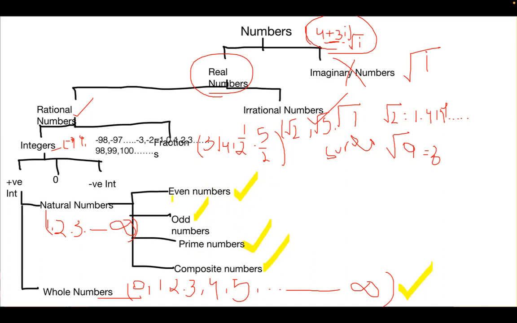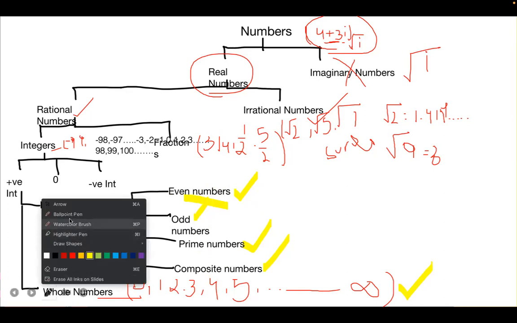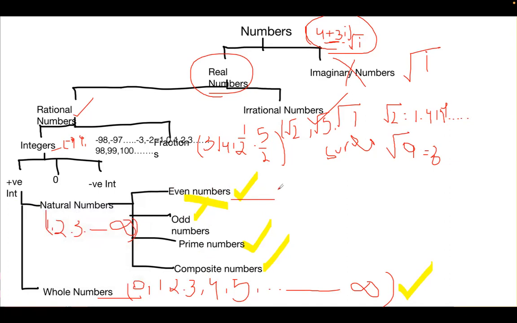Okay. So even numbers. Let us see what an even number is. The number which is divisible by 2 is known as an even number. Let us take the example 4 by 2. That is 2.